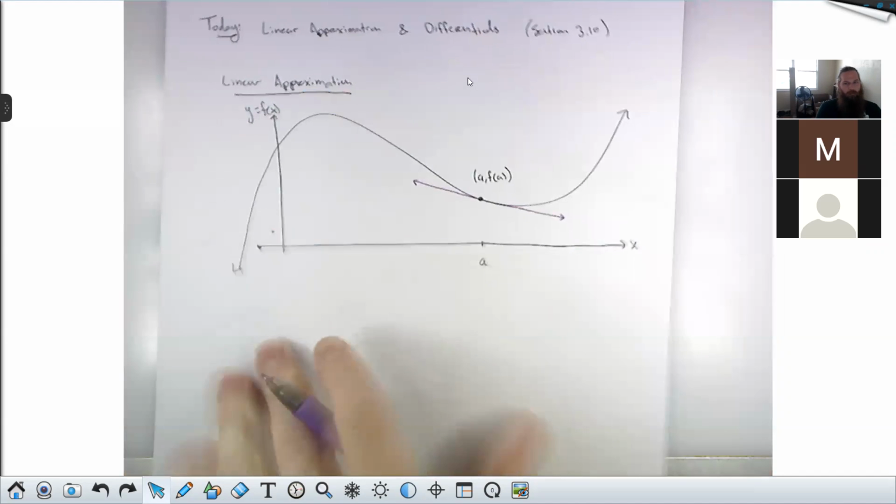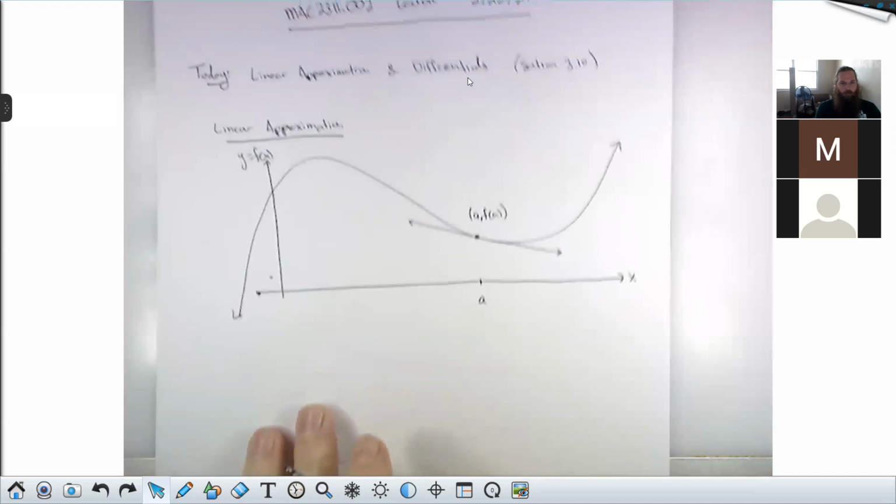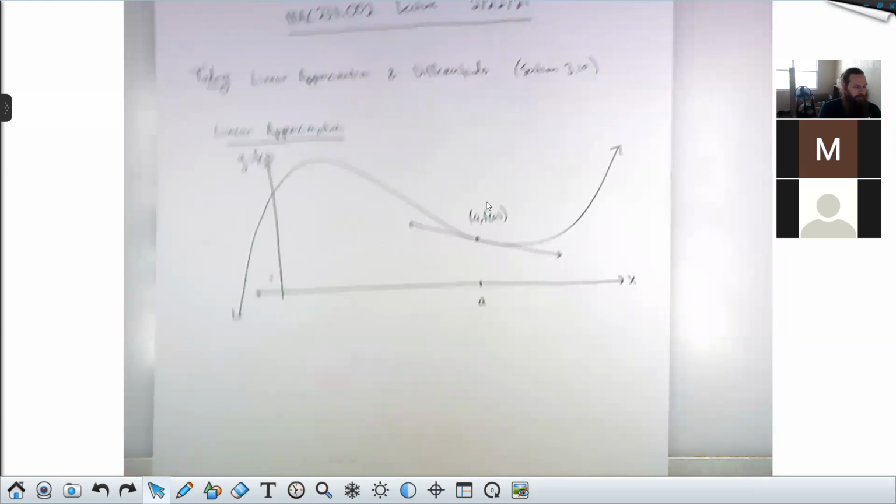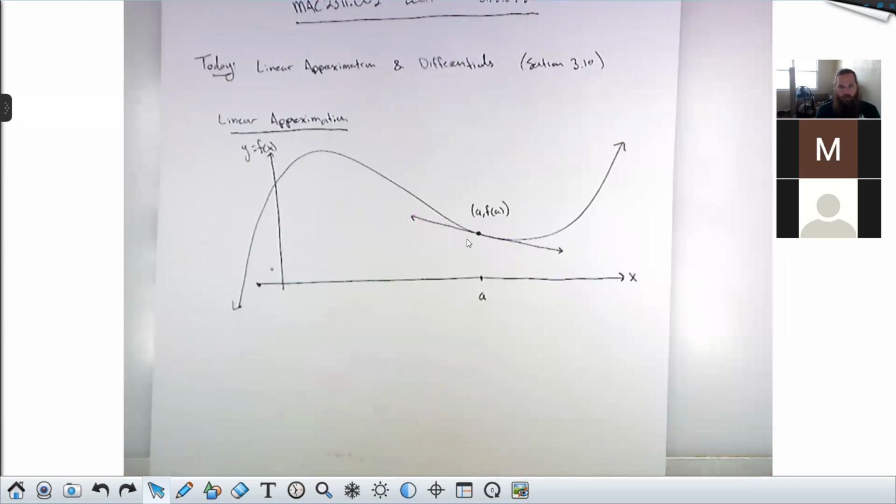So we should all be very comfortable with the idea of what a tangent line is by now. This is not a new thing for us. You take your favorite differentiable function and your favorite number a in its domain, then the slope of this line is the derivative of f evaluated at a, and the point is (a, f(a)).